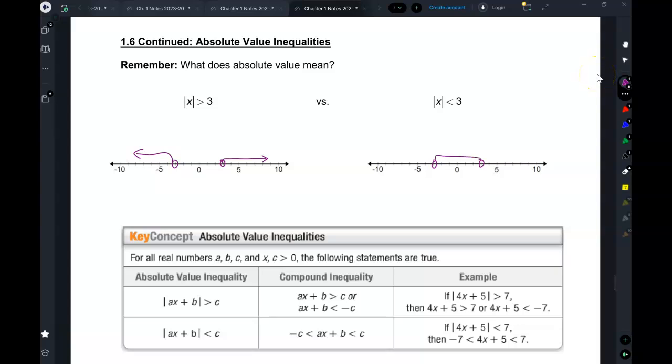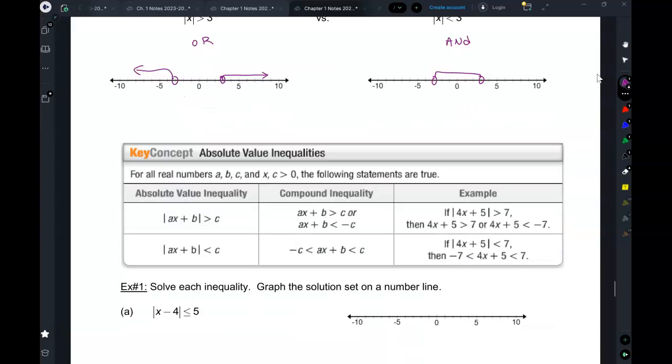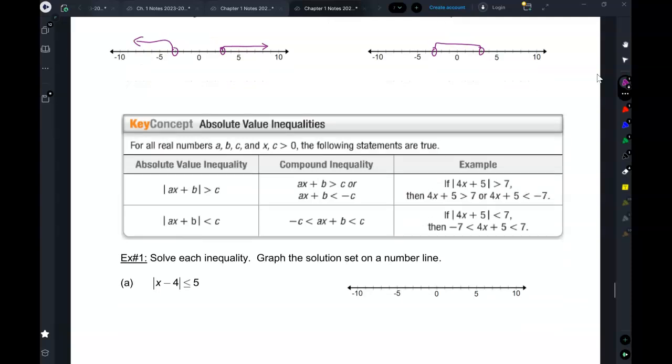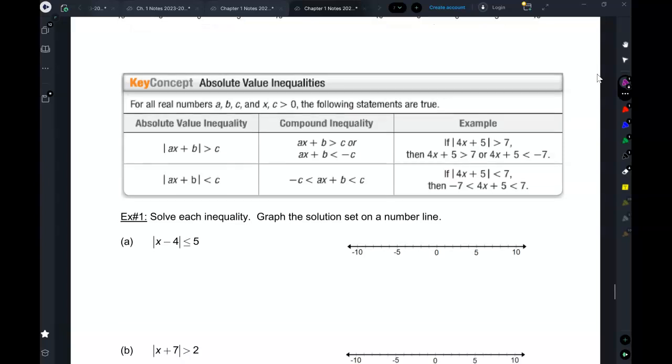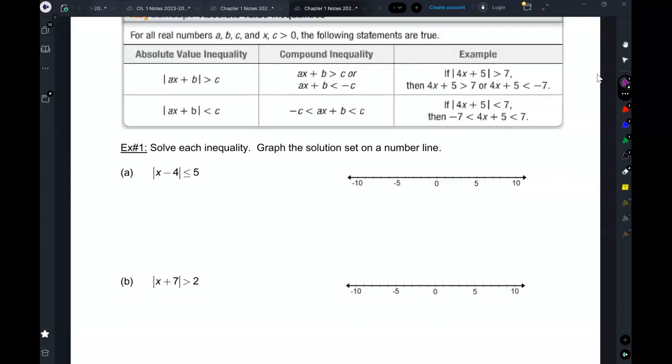The first is going to look like an OR inequality. This is going to look like an AND inequality. So whenever we have a situation like that, we rewrite the question either as an AND inequality or an OR inequality.